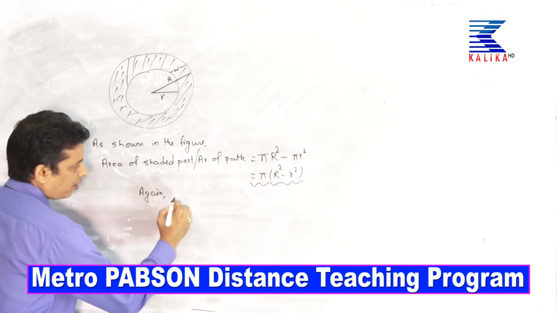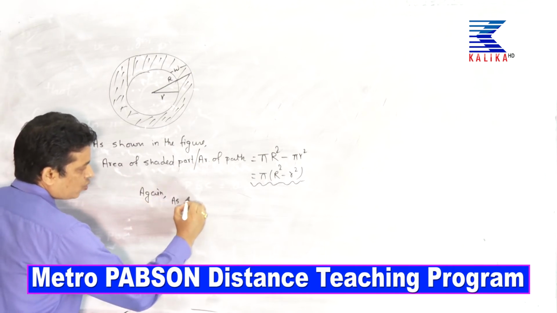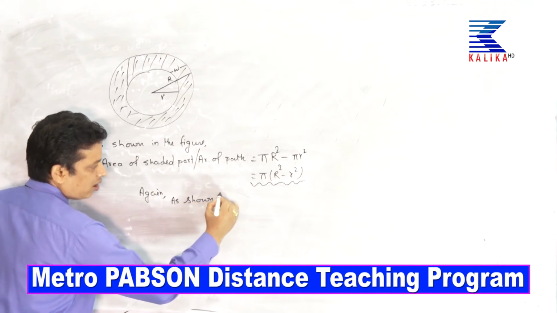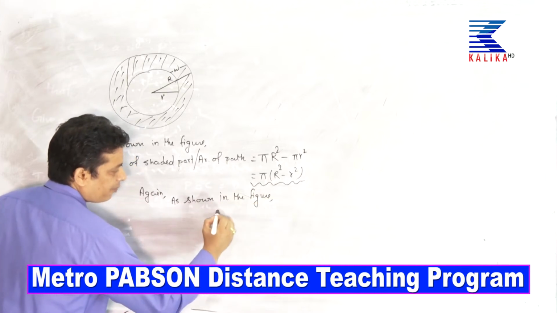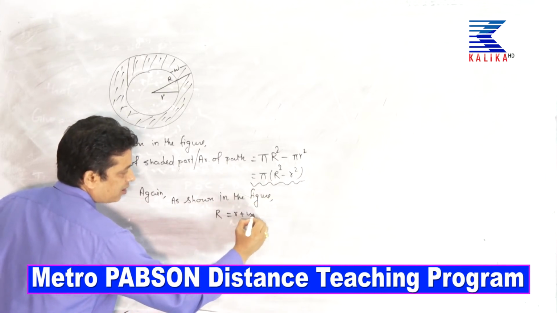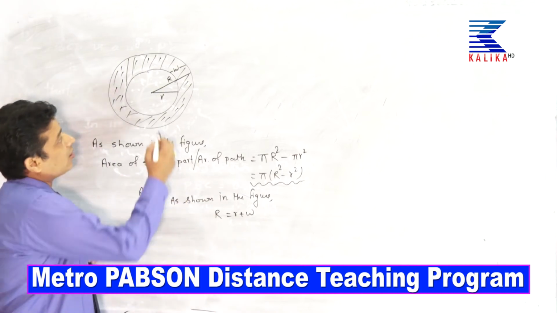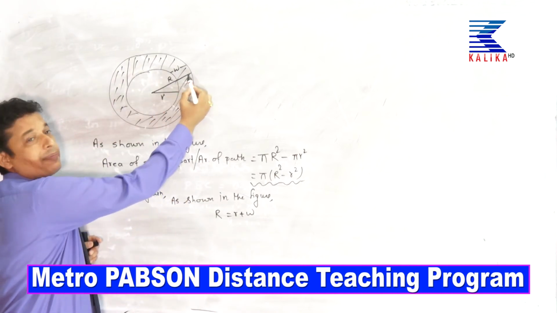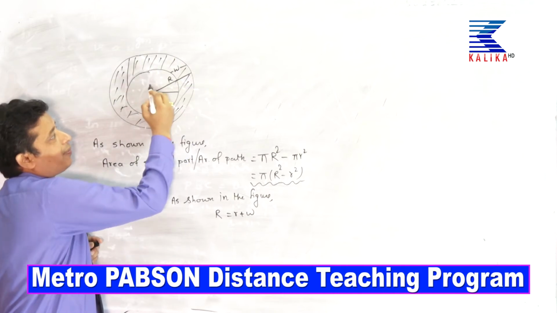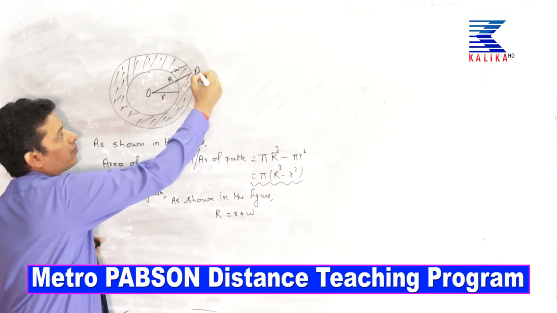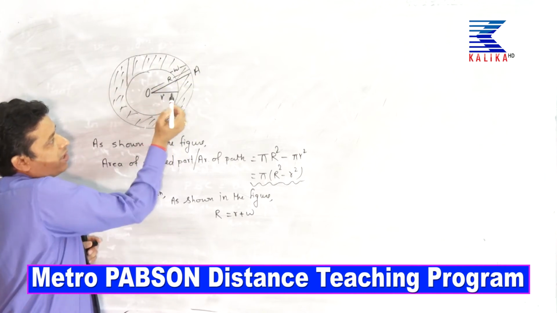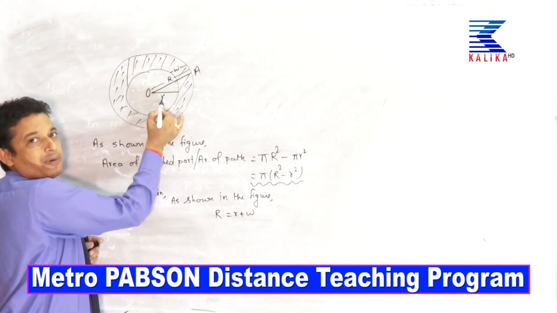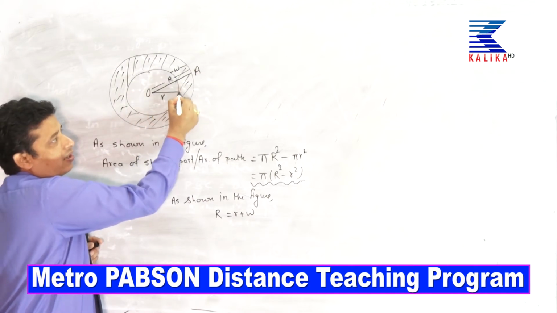Again, as shown in the figure, dear student, capital R is given as r plus W. Look, this is capital R, O to A, and then the internal radius r is given, and this gap, the width of the path, is W.